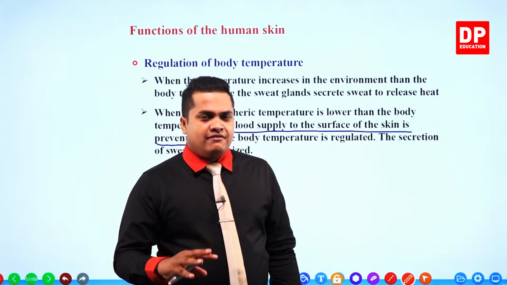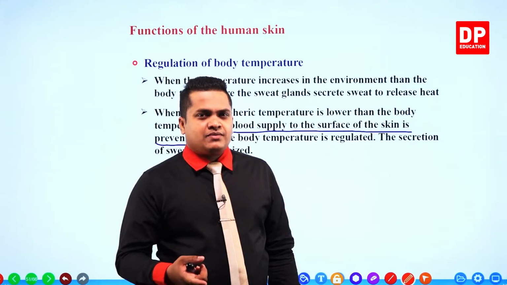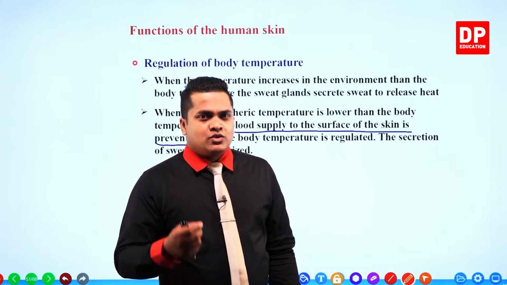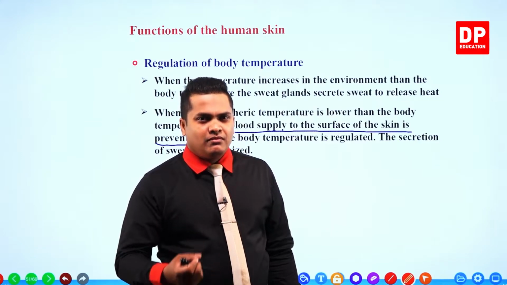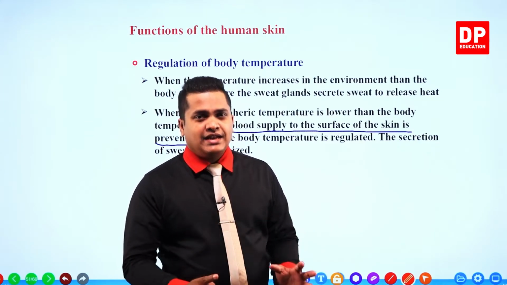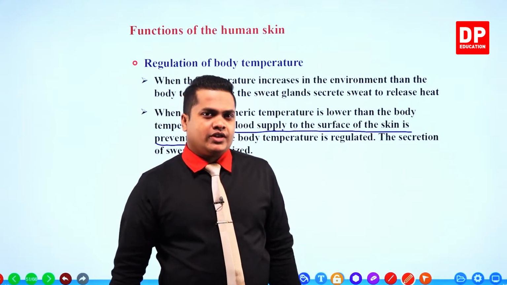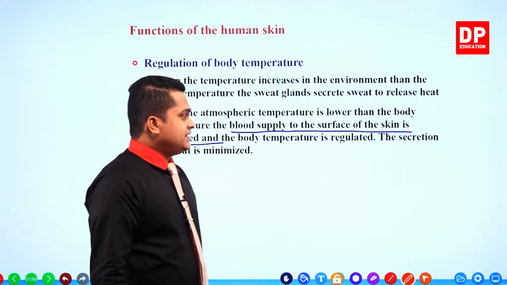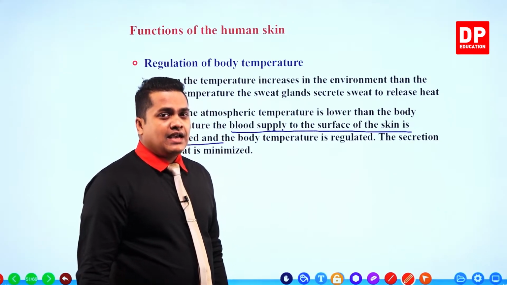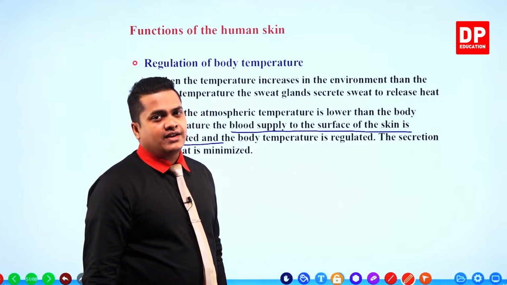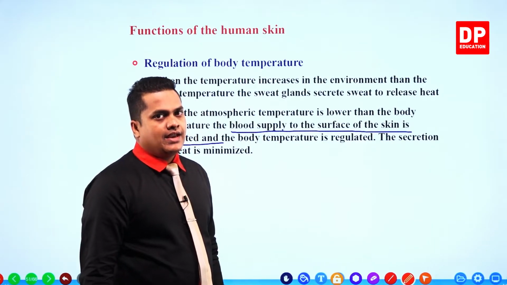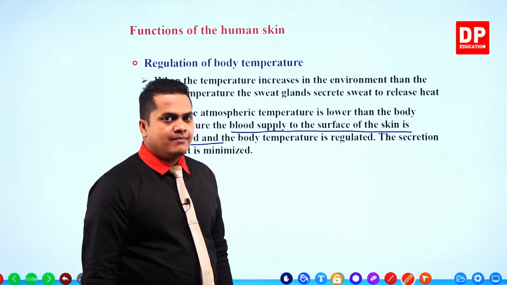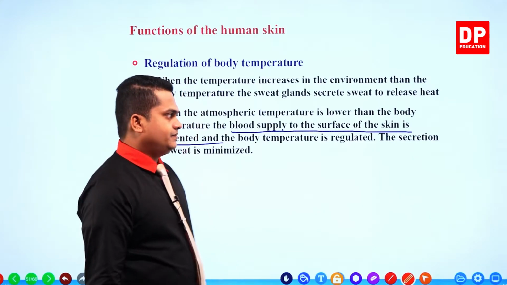And when the blood supply is minimized, my dear children, sweat production is also less. So heat is getting saved within the body, right? So our skin is going to act as a thermal regulatory organ. Okay, it helps to maintain the optimum temperature in our body.